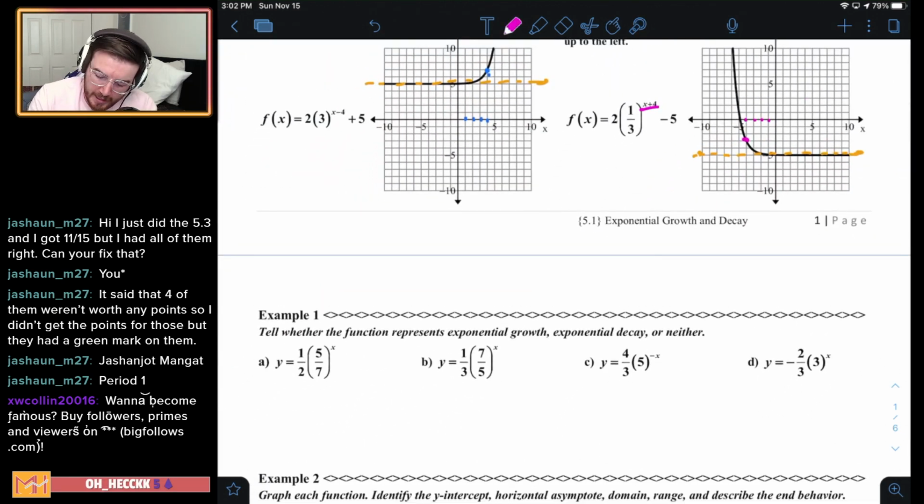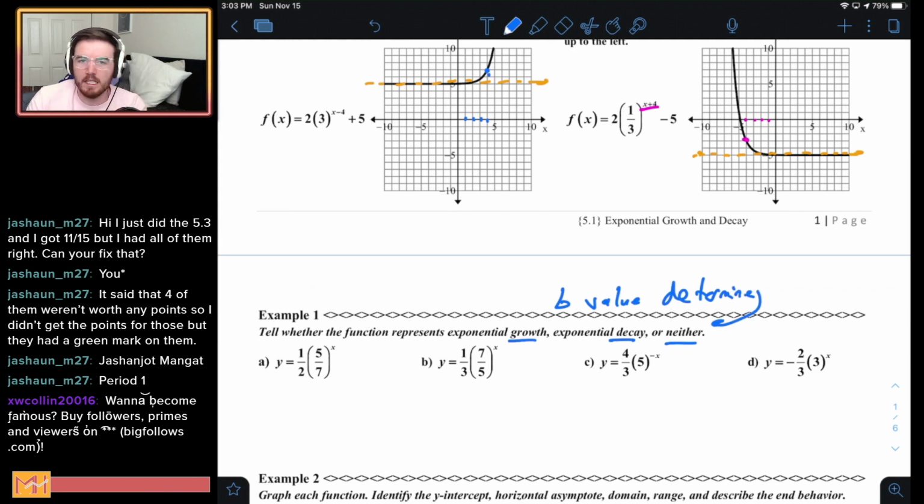So, real quick, let's just figure out whether this is growth, decay, or neither. The B value determines whether it's growth, decay, or neither. So you look at this B value and you say, well, that is less than 1, so therefore decay.